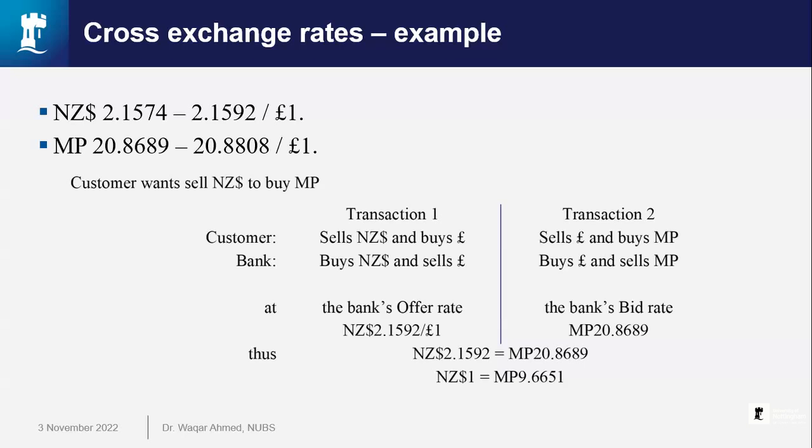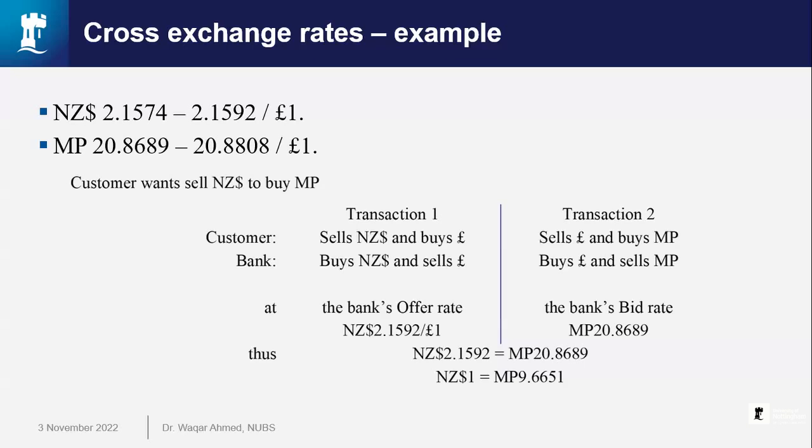So when you convert New Zealand dollars to pounds, this is the exchange rate, the offer or ask rate, and then you sell pounds to get Mexican pesos, which is this rate. So now you know that New Zealand dollars at this rate is equal to Mexican pesos at this rate, and you can represent that per unit of one of these currencies.